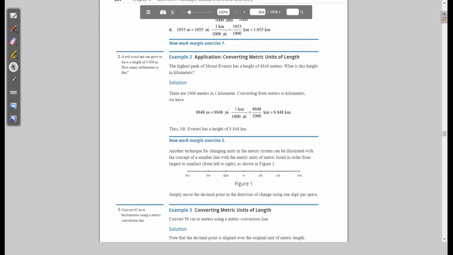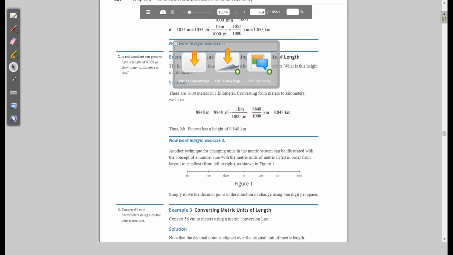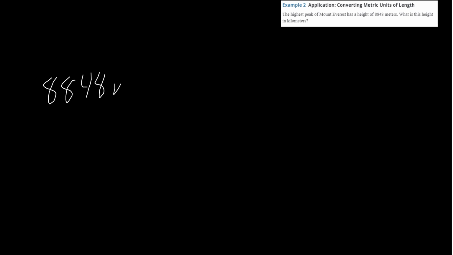Example 2, much of the same. Matter of fact, all these are, but we'll still go through the process, obviously. The highest peak on Mount Everest has a height of 8,848 meters. What is the height in kilometers? So 8,848 meters.